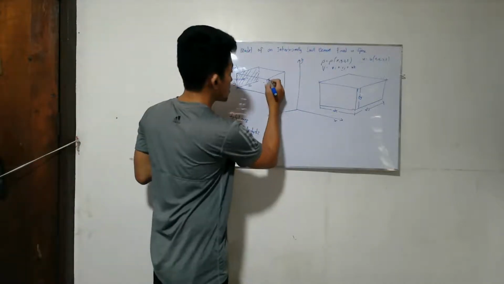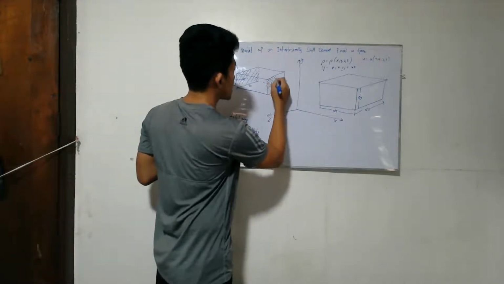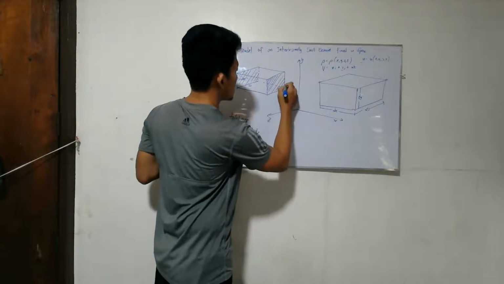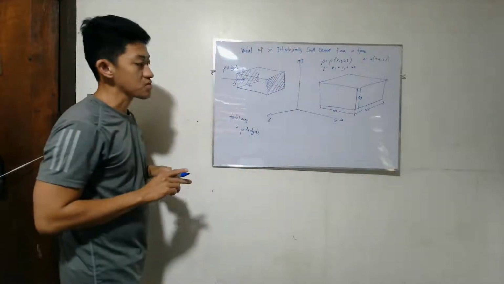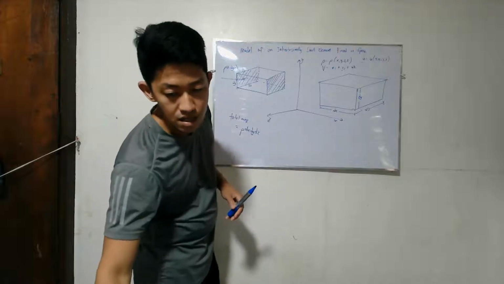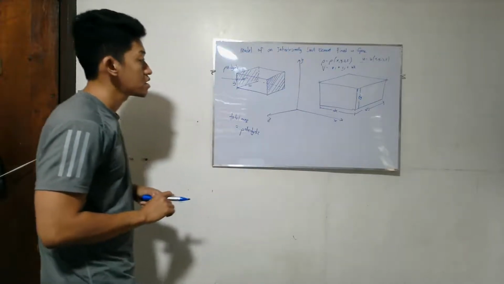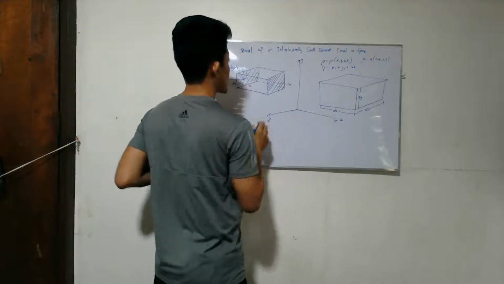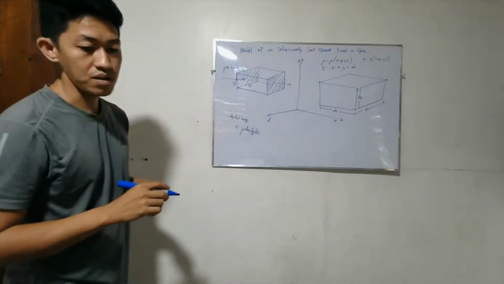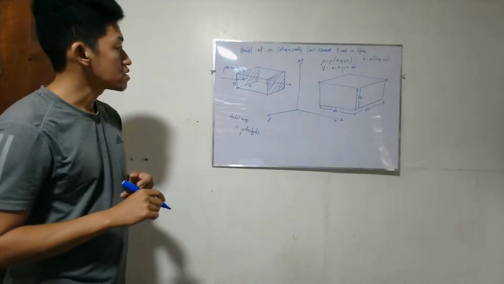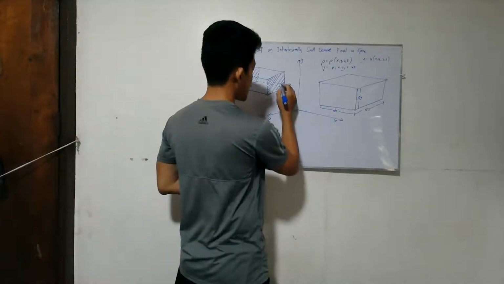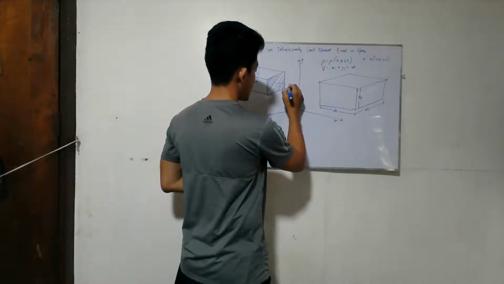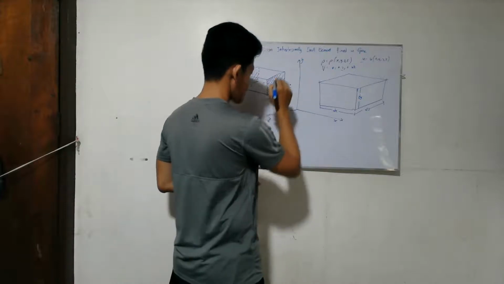But unsa pay mo gawas diri nga surface area? Ha? Unsa mo gawas dinhi? Naa pay mo gawas diri, right? Pero for now wala ta kabalo. Atong let us assume nga mo gawas diri kay F2.